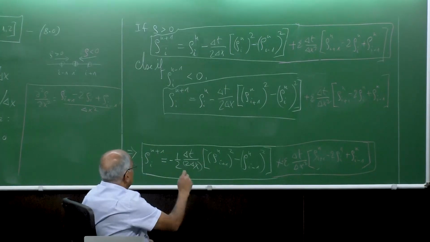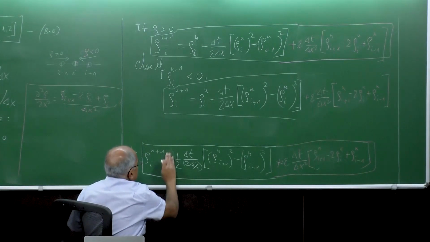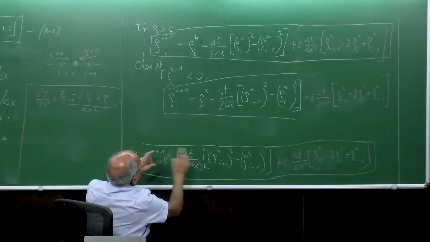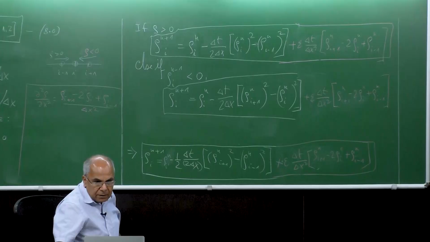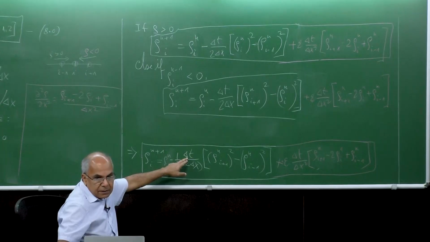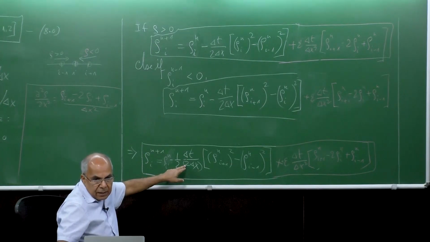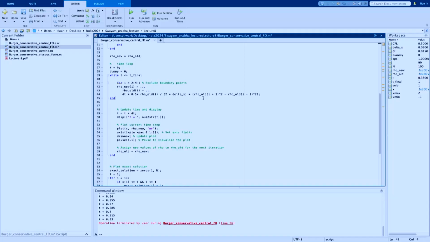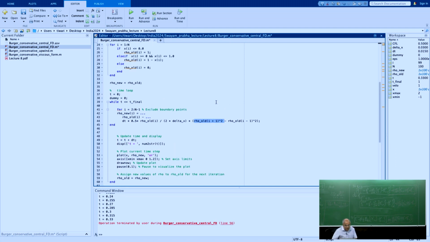It should be rho of I n minus delta t times 0.5, and I divide by 2 delta x, this part here, times this, so this is for the positive case.